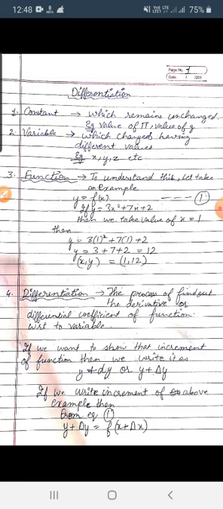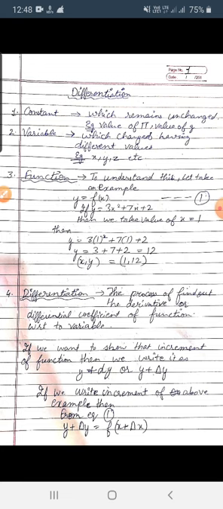Okay. Now the differentiation. It is the process of finding the derivative or differential coefficient of the function with respect to the variable. Now I explain what the differential coefficient of the function is.